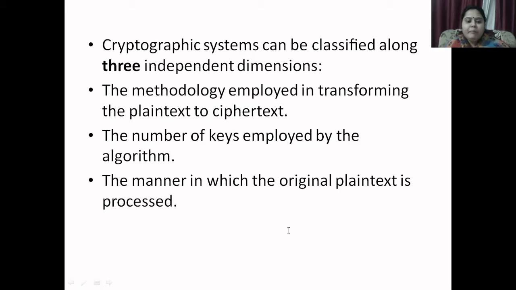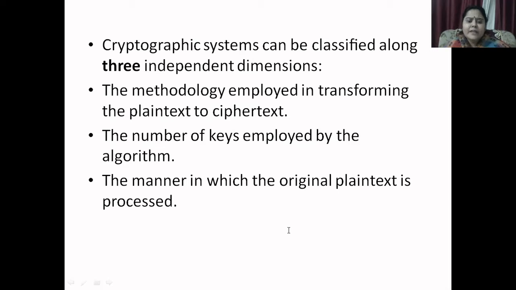The order of plain text symbols is preserved. Now see, what is transposition? In transposition, the individual elements of the plain text are rearranged but not disguised.